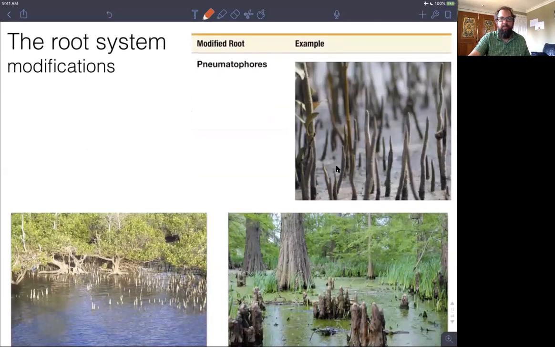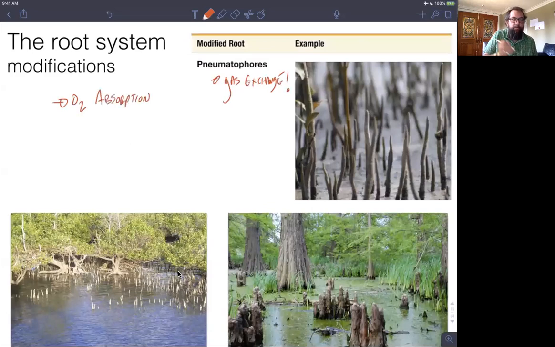Another cool modification is the modification of what we call pneumatophores. And so pneumatophores are actually for gas exchange. So remember, we talked about oxygen absorption as being one of the functions of roots.